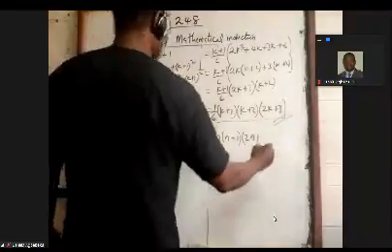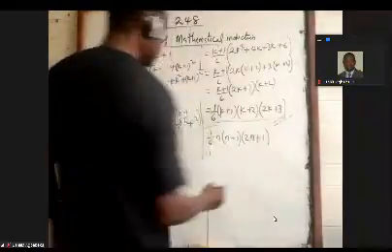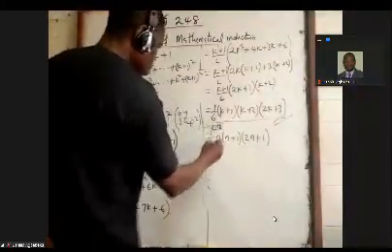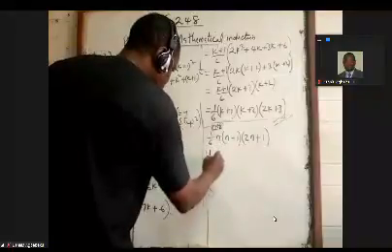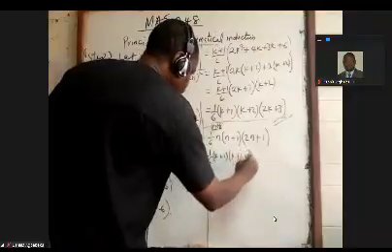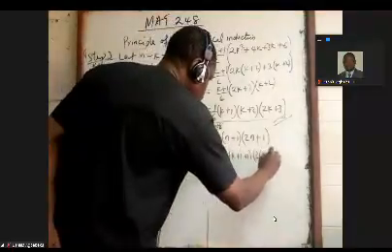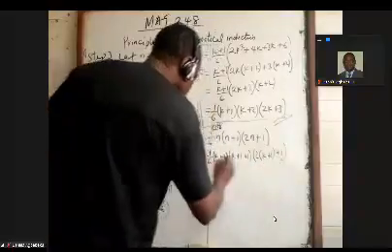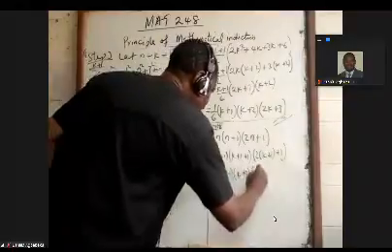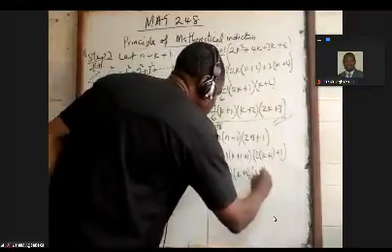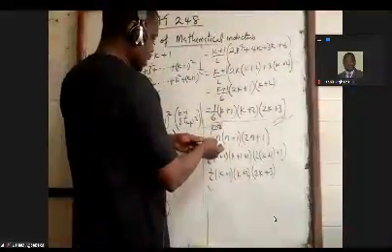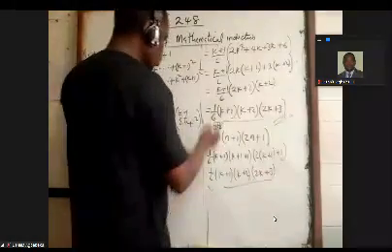Before I round up the class, I'm going to give you some work you are going to do on your own, so I call them assignments. Number 1, prove that summation i equals 1 to n of i cubed is equal to 1 over 4 n squared (n+1) squared.